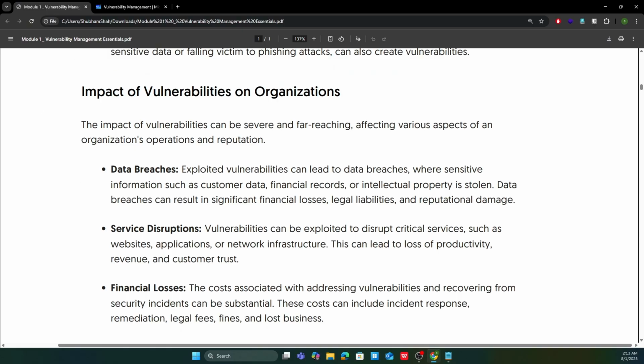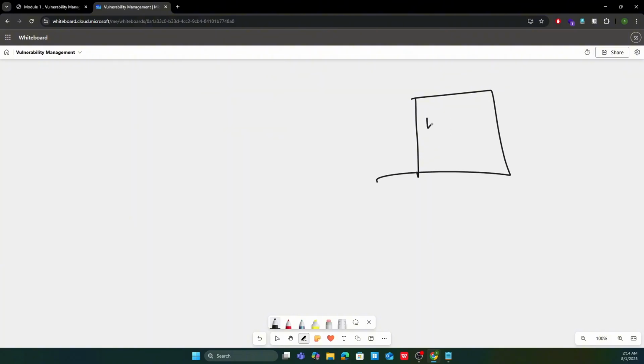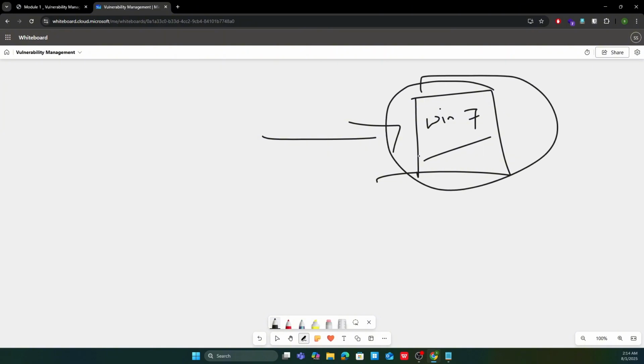We can also face service disruptions. Vulnerabilities can be exploited to disrupt critical services, leading to a loss of productivity. Now imagine we are using outdated software for our server. We have a server using, let's say, Windows OS, typically Windows 7, which is fully outdated. If an attacker exploits this vulnerability, the server itself goes down.